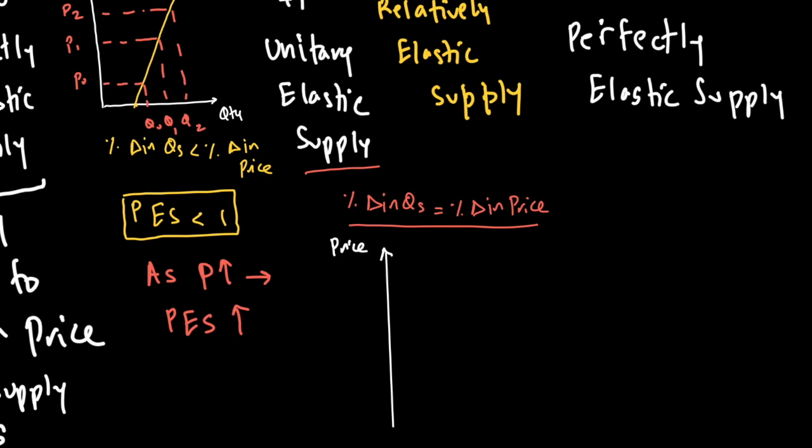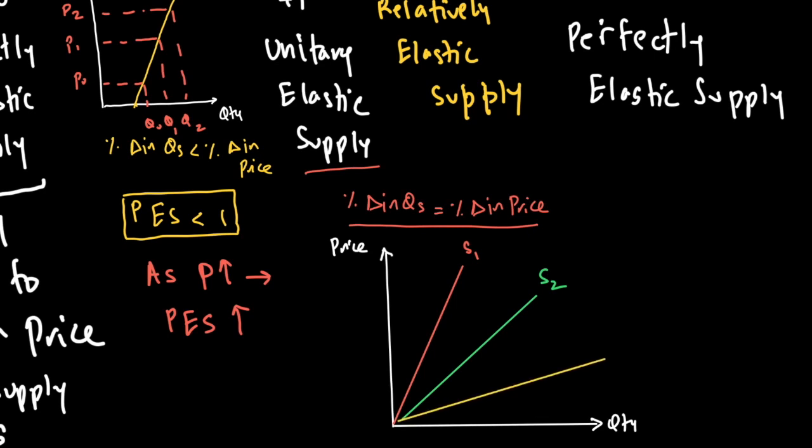So if I draw my supply curve coming from the origin, this is my price, this is my quantity, and I have supply curves like S1, S2, or for that matter S3, all of these are coming from the origin.